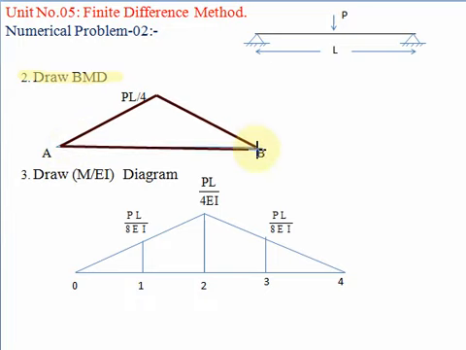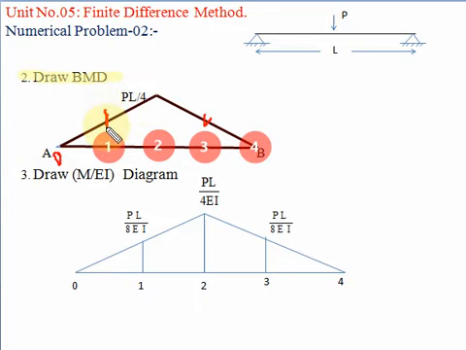Now we have to find out the value of bending moment at the nodes. Here the node is 0, the next node will be 1, then nodes 2, 3 and 4. Our aim is to find out the value of bending moment at nodes 1 and 3. In a simple way, here the value is 0 and here the value is PL by 4.